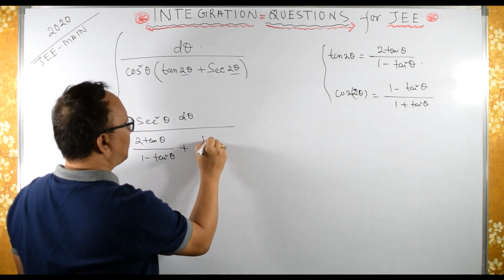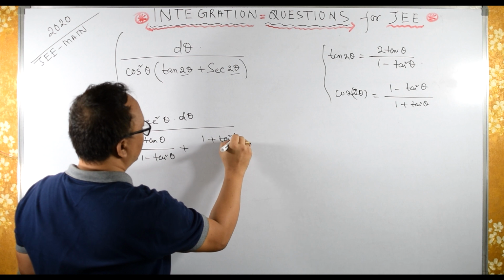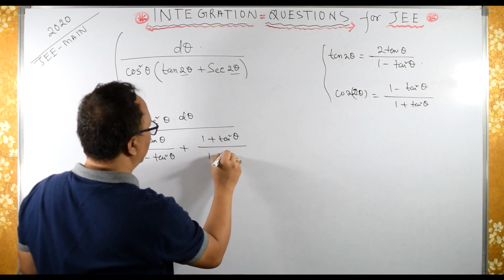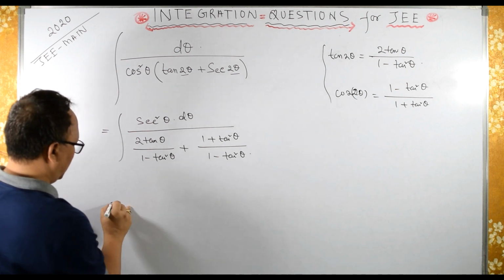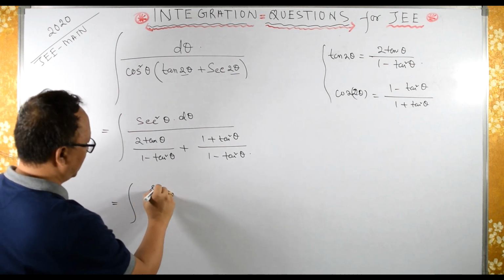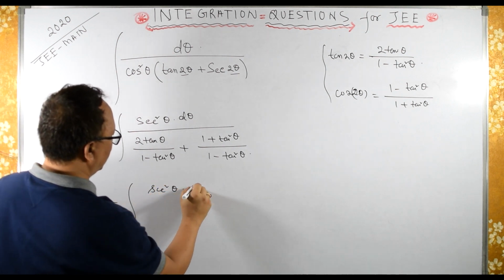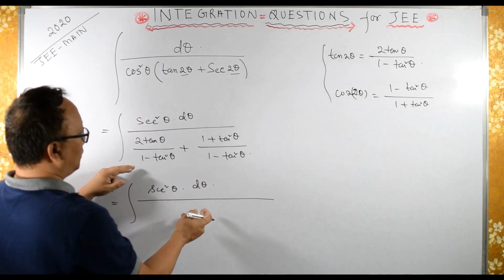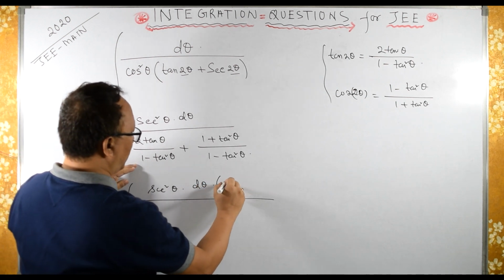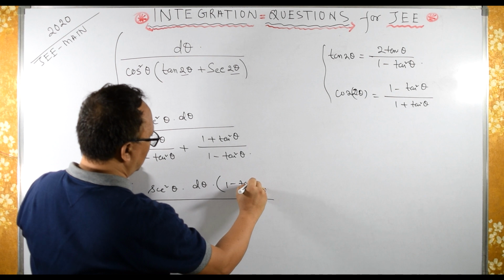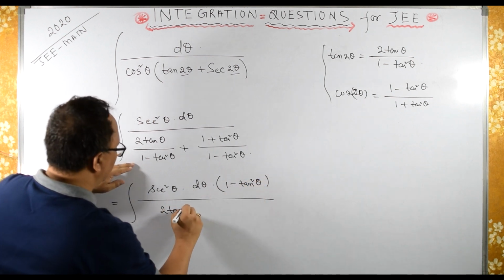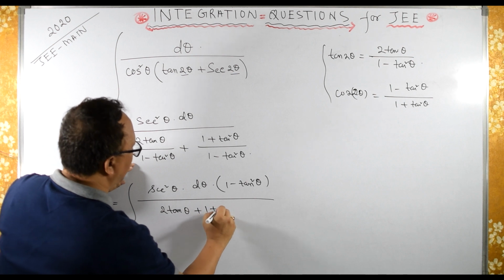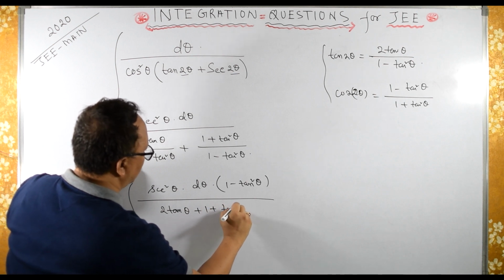So we'll have 1 plus tan square theta upon 1 minus tan square theta. So this equals the integral of sec square theta d theta. So I will send this up here, I will get 1 minus tan square theta upon 2 tan theta plus 1 plus tan square theta.